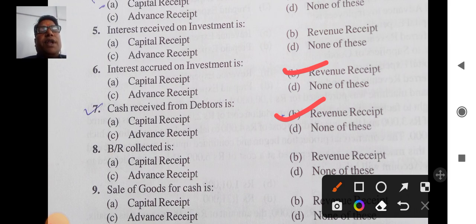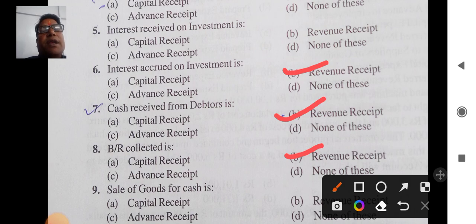And question number 8, bills receivable collected. Just as in question number 7, you have seen that received from debtor is the same as BR received. Cash received from BR. So debtors and bills receivable both are the same, and we sold goods to both of them.